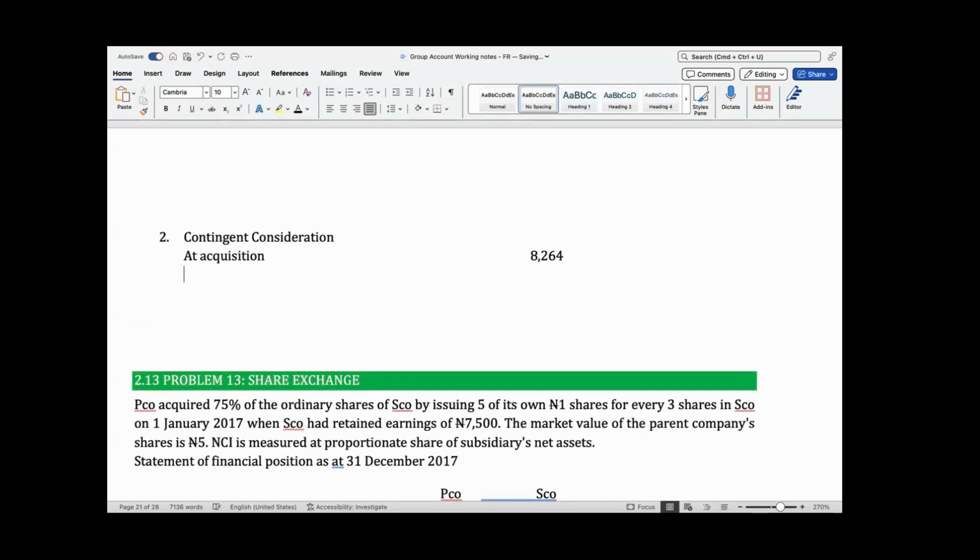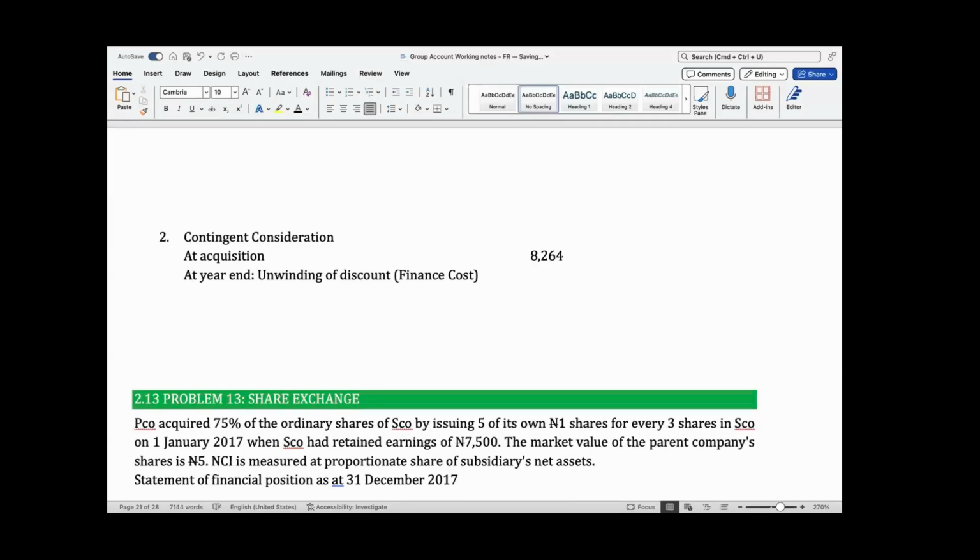So there will be unwinding of discount at the year end, through finance costs. You should be used to this from the provisions I taught you. Anytime you discount to present value, at the end of the year you have to unwind the discount, so that the figure increases back towards the future amount.